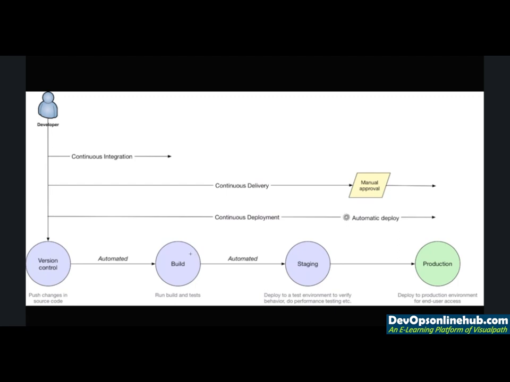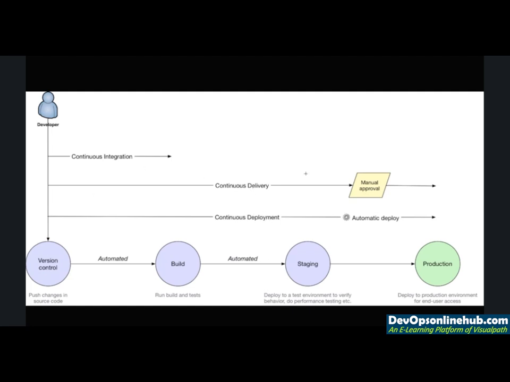And then from there, the entire pipeline can be termed as continuous delivery or continuous deployment. But the difference between continuous delivery and continuous deployment is that continuous delivery has a manual approval, whereas continuous deployment has automatic approval from staging to production. So that's where continuous deployment and continuous delivery are different.